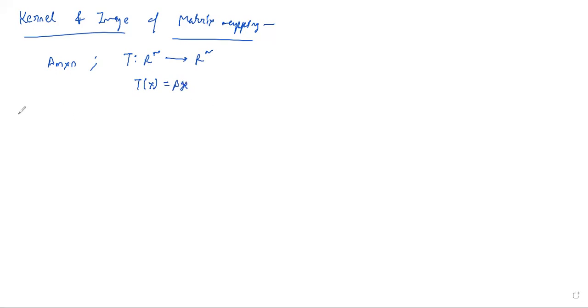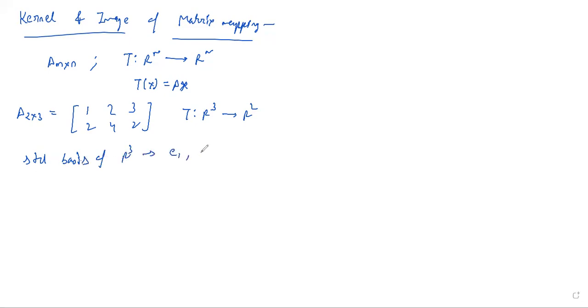Now, say I have this matrix A of 2 cross 3, whose corresponding elements are 1, 2, 3 in the first row and 2, 4, 2 in the second, and the mapping goes from R cube to R square. Let's consider the standard basis vectors of R cube, which are E1, E2, E3.